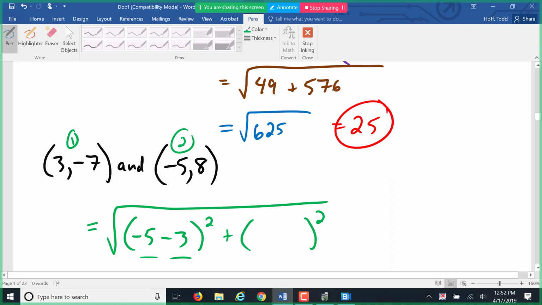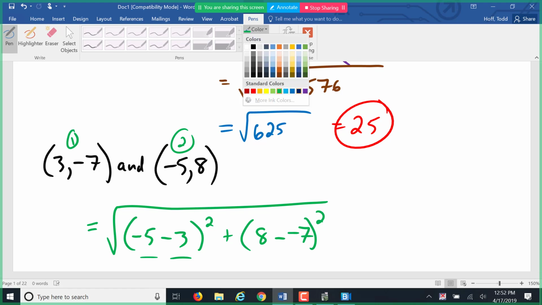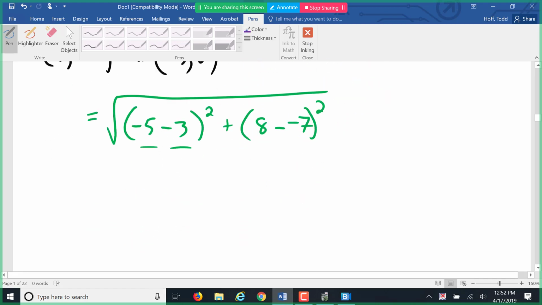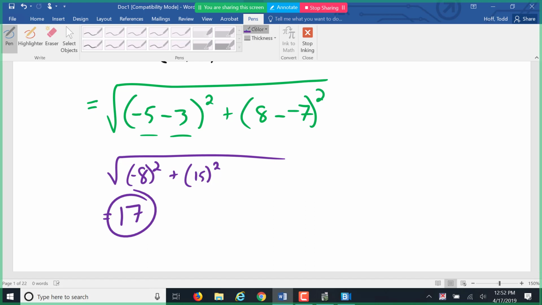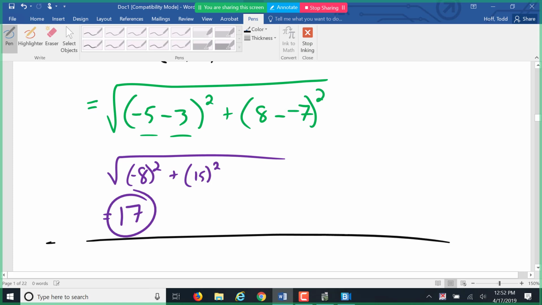In the second set? 8 minus -7. Good. If you punch that in the calculator, it does all work out. This is going to end up being negative 8 squared plus 15 squared, and that works out to be 17. So just an actual use of numbers within those radicals.